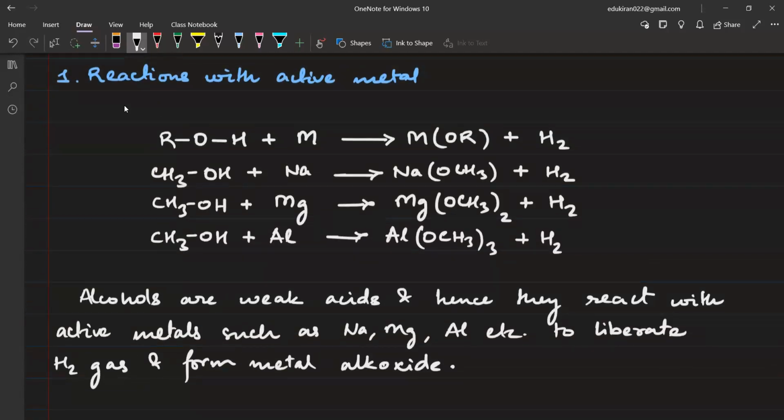Now, since they are reacting with metal and liberating hydrogen gas, we can say that they can behave as acids. So we have to look at the acidic strength of alcohol.